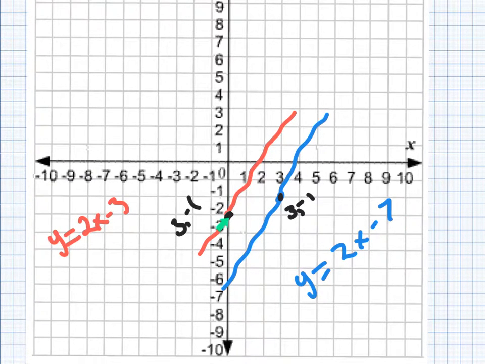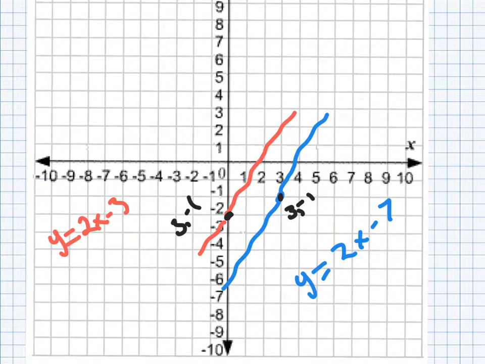Here my first line, which was given, crosses at the -3 and has a slope of 2. The next line crosses at the -7, and it has a slope, rise, of 2. If you look at the graph there on example 4, you'll see it much clearer.